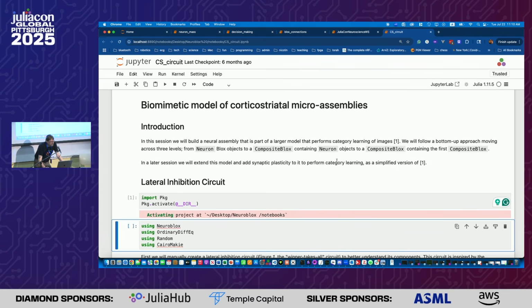What we want to do is essentially create a Neuroblox model of a cortical striatal microassembly. And then if we have time, we can go a little further on this.